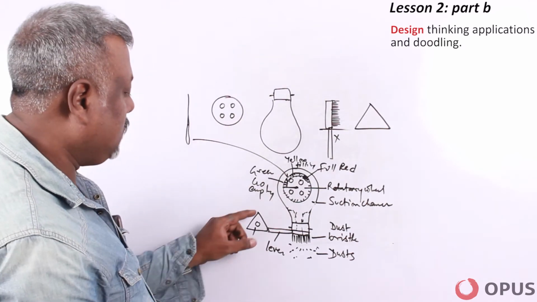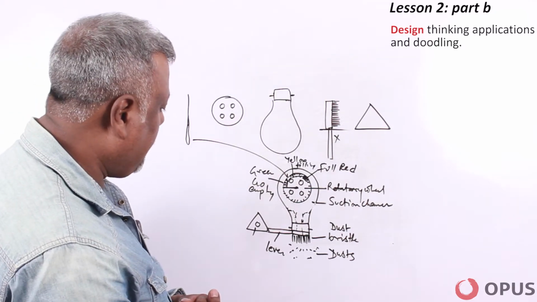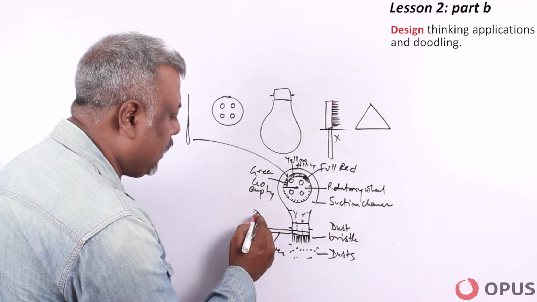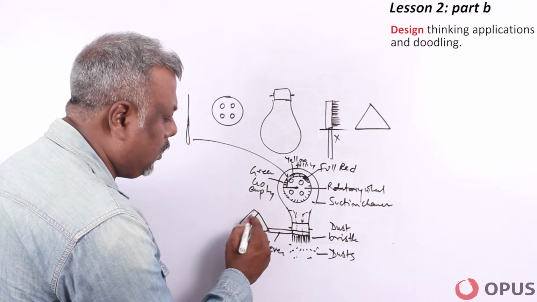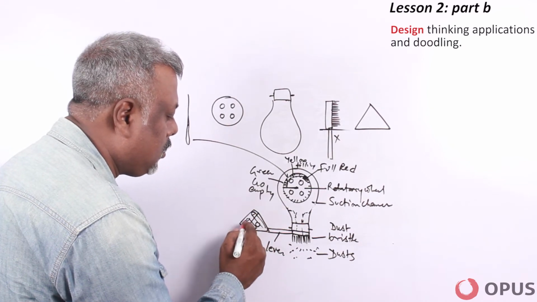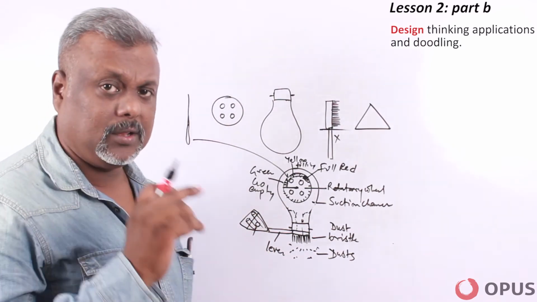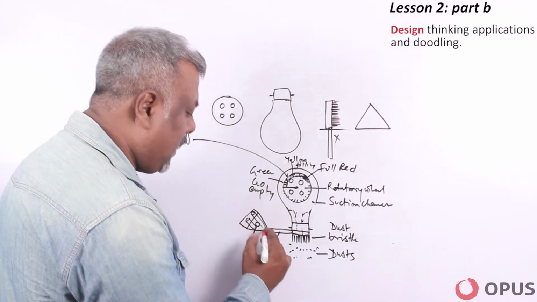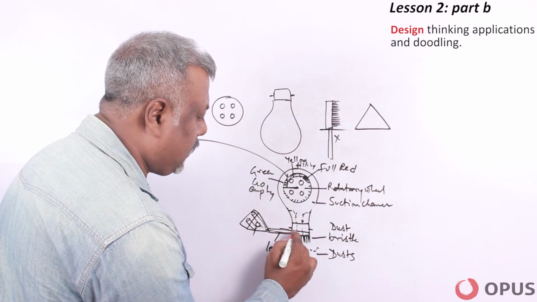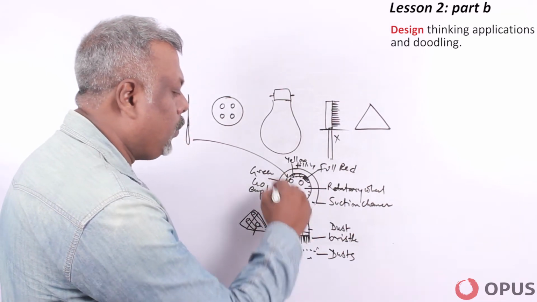And this triangle is a small battery container over here. We can arrange to put small cells, and this cell is attached by wire over here, so that this wire is connected with this rotatory wheel and it rotates.